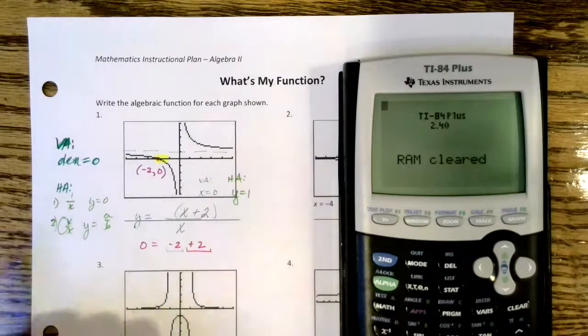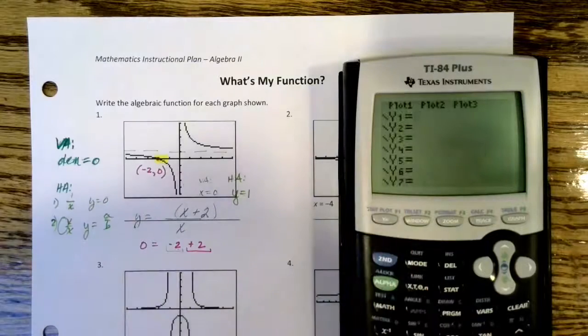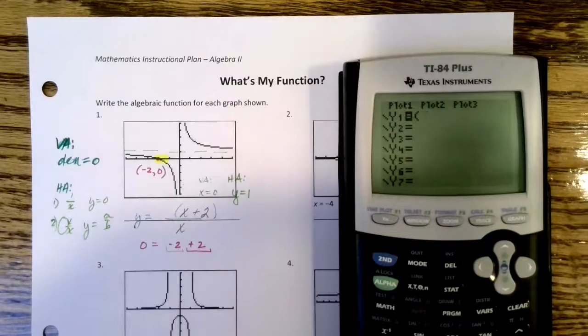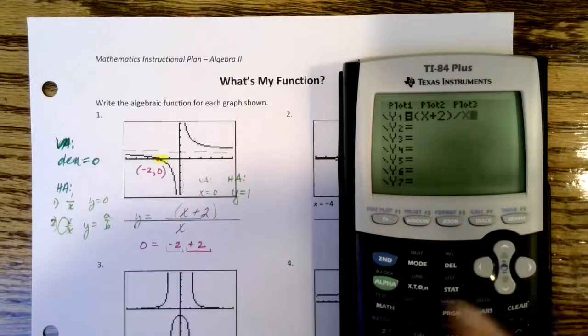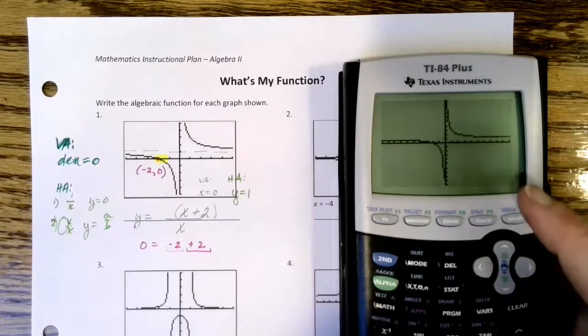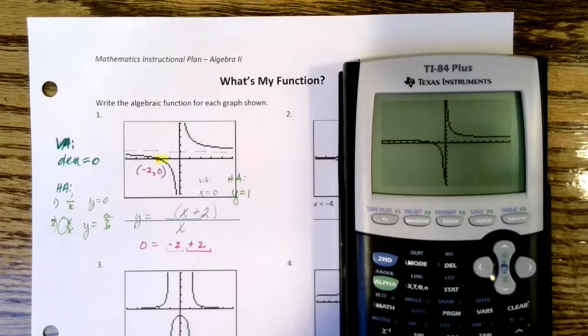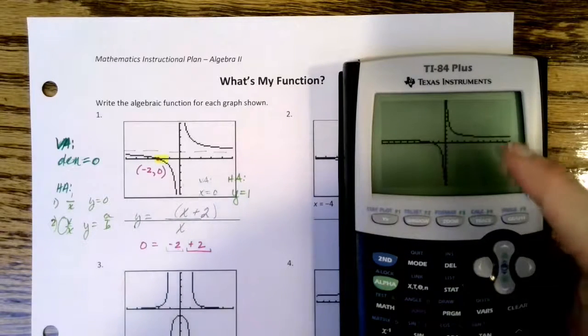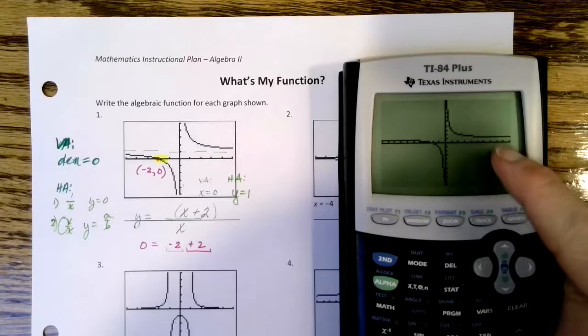So I'm going to go to my graphing calculator and see how I did. I'm going to say x plus 2 divided by x. And when I graph, let's see how I did. Now here's a problem. It looks like I have other issues here.